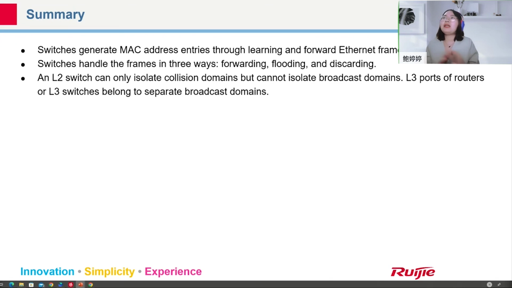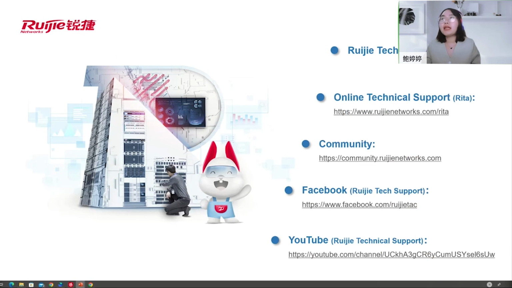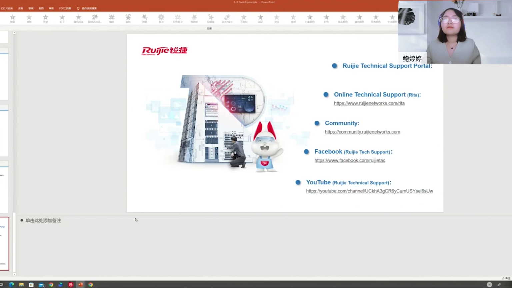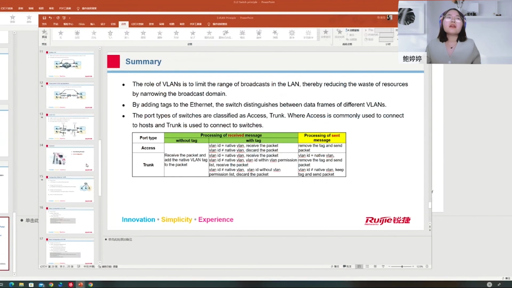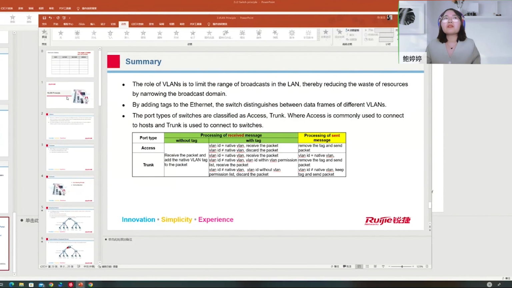So if you want to limit this range, maybe you can use layer 3 ports, like a layer 3 switch or maybe a router. But this is very expensive, so we hope to have a technology to solve this problem. This technology we call VLAN. So the next part, we will talk about VLAN.